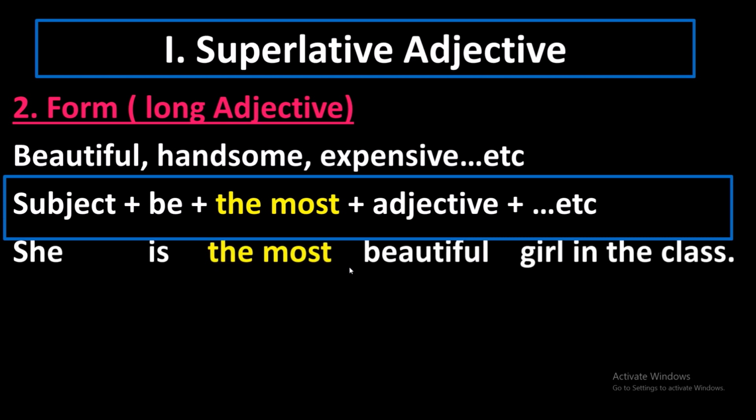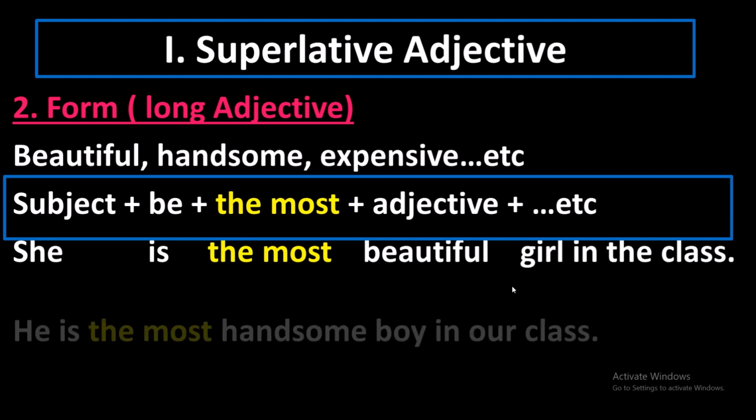She is the most beautiful girl in the class. See? The same thing: many girls, but she is the one that is the most beautiful here. So we use the most plus adjective. Do not get confused. We do not use the plus est like the beautifulest or something like that. That is wrong. So we use the most beautiful.